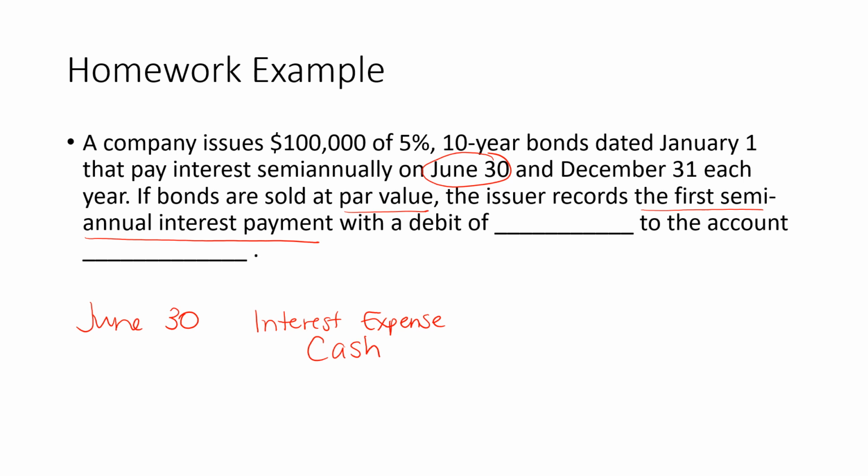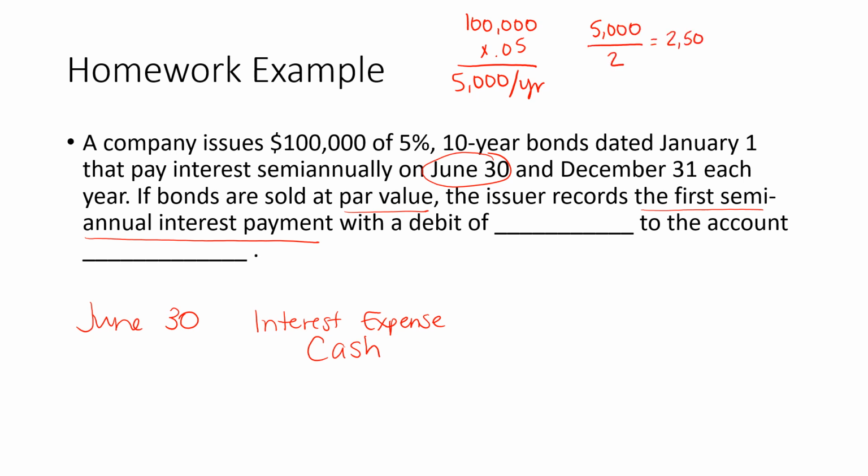So we take the face amount, which is $100,000, multiply it by the 5% annual interest rate to get $5,000 for the year. But remember, this is only half of the year's interest payment. So we take the total amount of interest, divide it by 2.